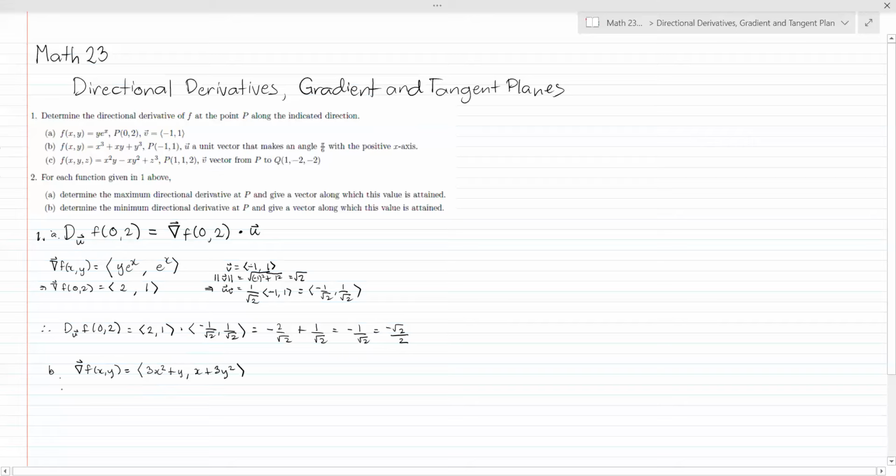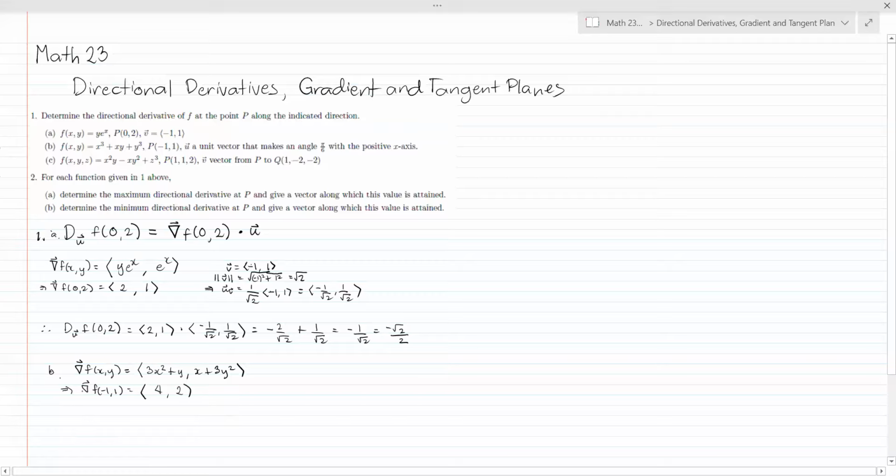That's it. Evaluated at the point, what is our point? Negative 1, 1. This is equal to 3 plus 1 is 4, and then negative 1 plus 3 is 2. Okay, so this is the gradient evaluated at negative 1, 1.